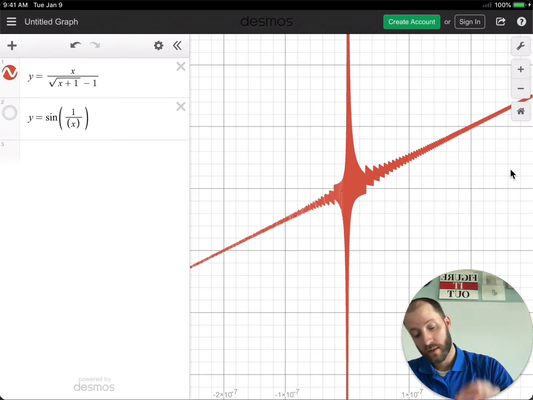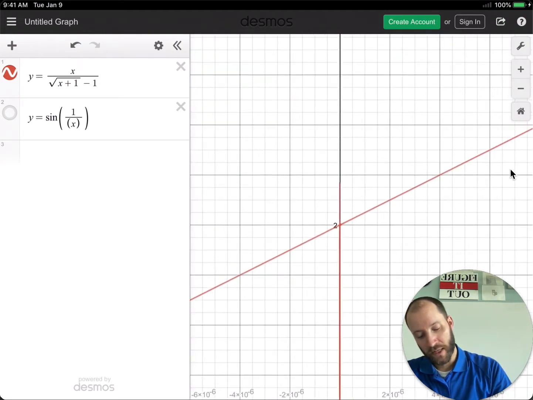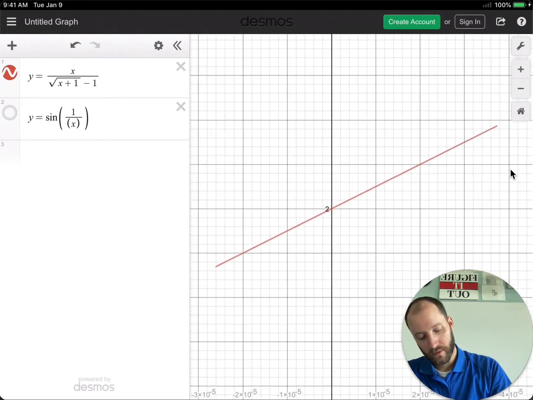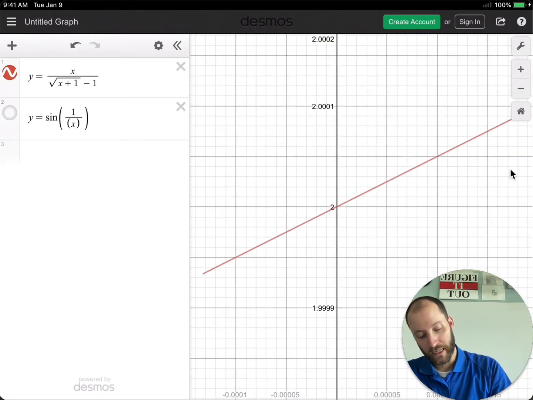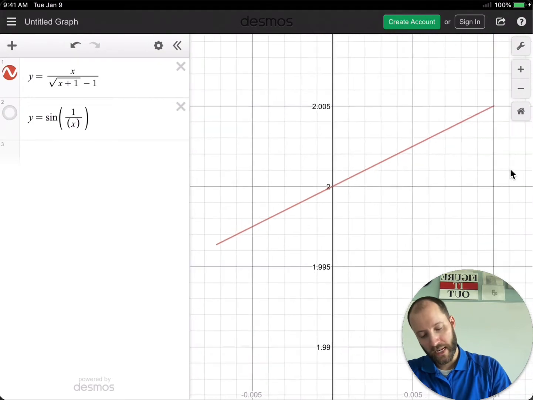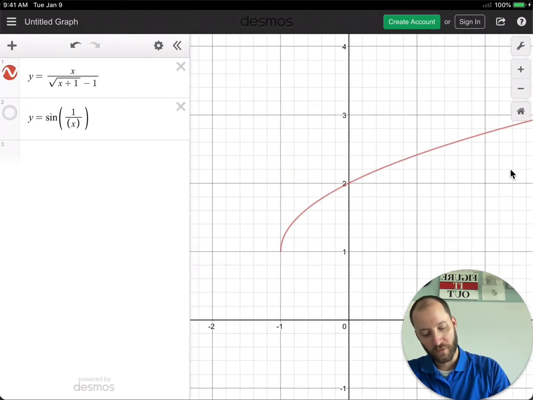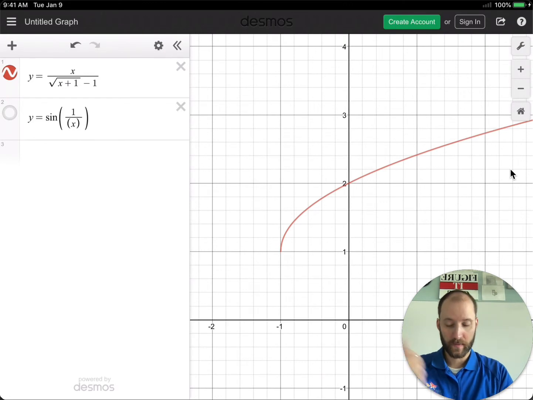But if you zoom out a little, based upon the behavior, looks like 2. So again, not what the function is, but what the function is approaching.